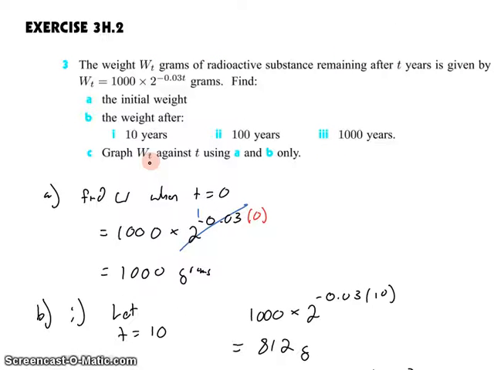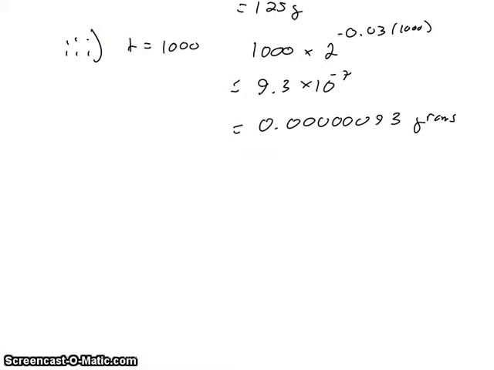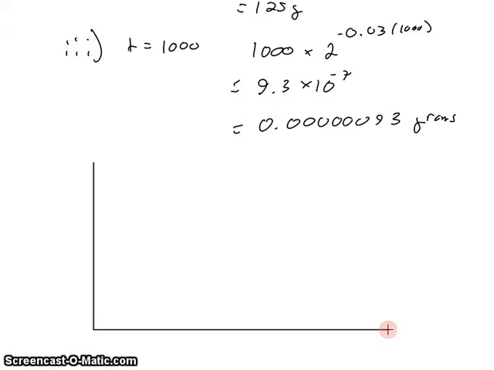Part C says graph the weight using the information in A and B only. So don't use the calculator to graph it, just sketch it. Time's not going to be negative, the weight's not going to be negative, so I only need quadrant 1. This is going to be the weight, this is going to be time. Time's going to go all the way out to 1,000 years. So there's 500.